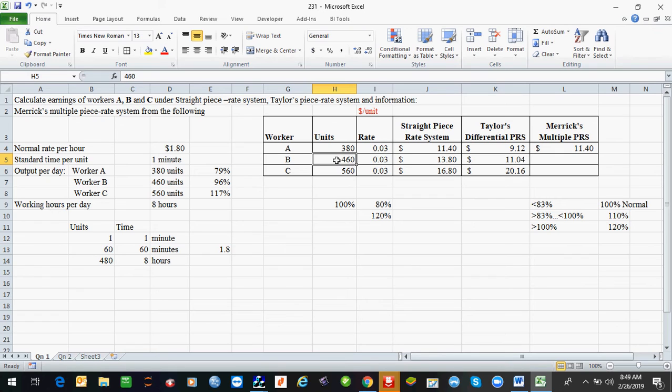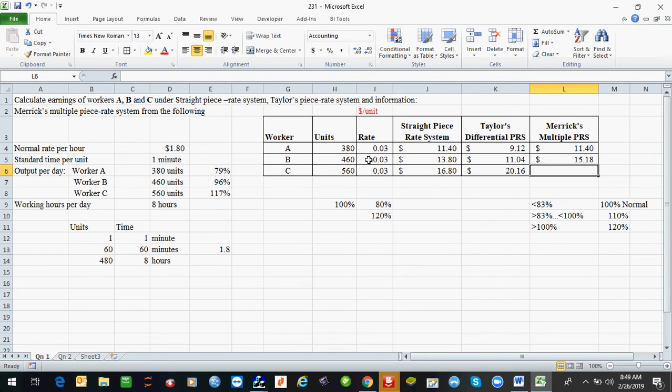B produced 460 units, which is 96% of the normal production, between 83% and 100%. So we pay at 110%, which is 460 times 3 cents times 1.1.